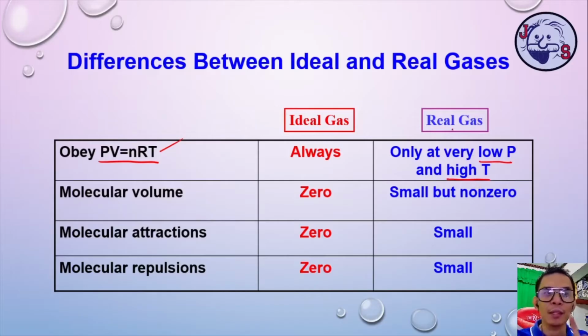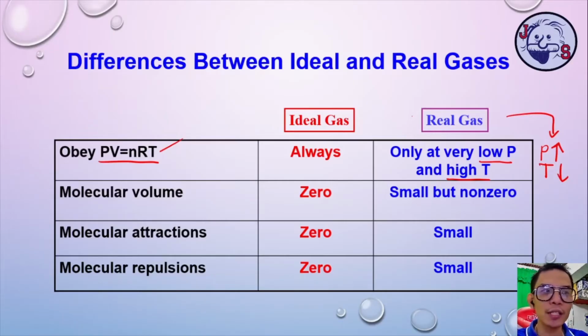I repeat, the real gas only follows this formula if the pressure is low and the temperature is high. So in short, there's something going on with the real gas when the pressure is high and the temperature is low.